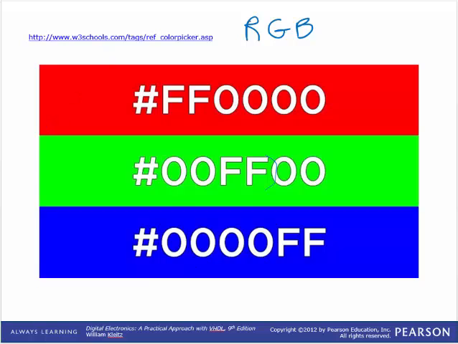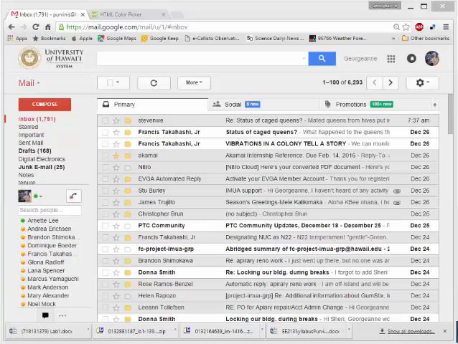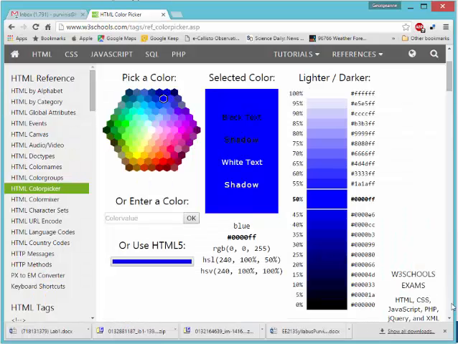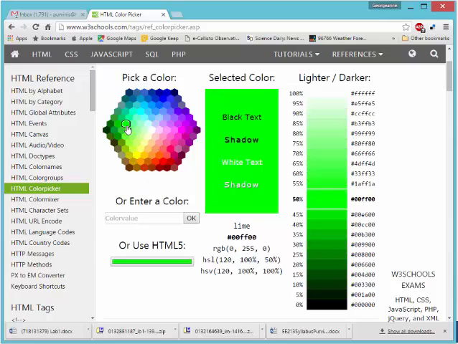And just for fun, I have a link right here where you can play with the colors and see them at work. Here it is. So I'm using the red, green, blue color scheme. 0000FF is a blue color. Green is 00FF00.